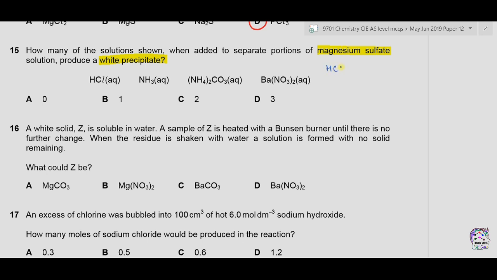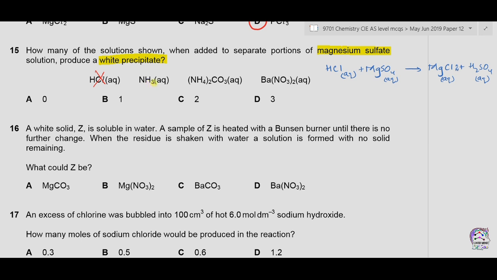So when aqueous HCl reacts with magnesium sulfate, it forms magnesium chloride along with sulfuric acid. As all of these are soluble in water, therefore there is no precipitate formed, so it is not HCl.